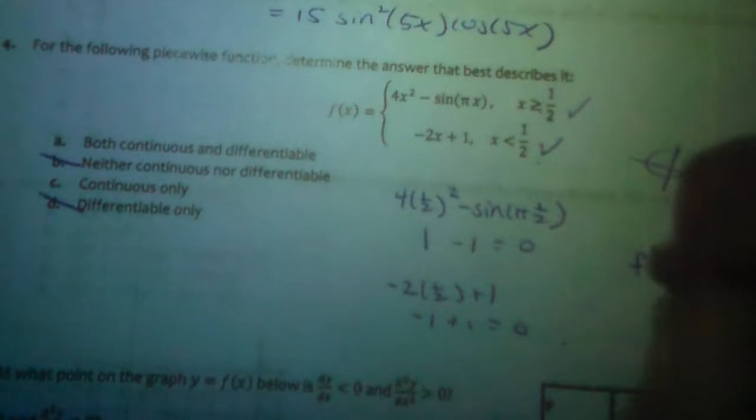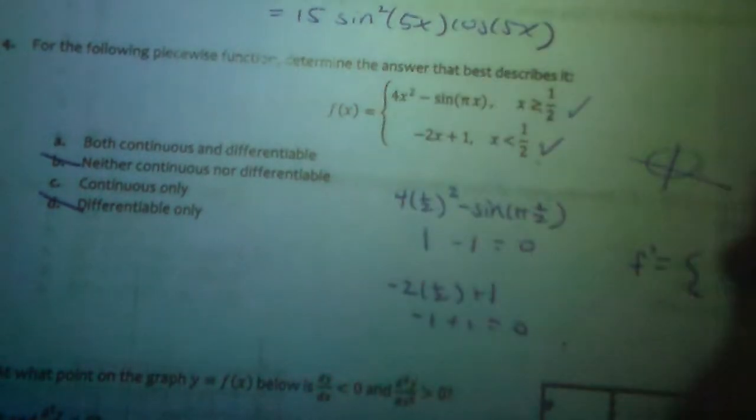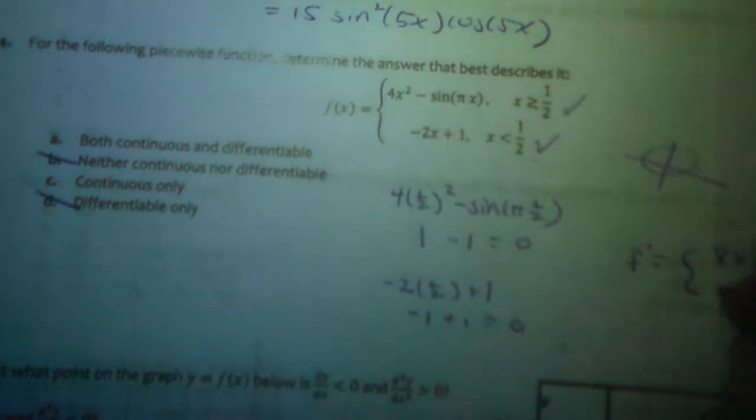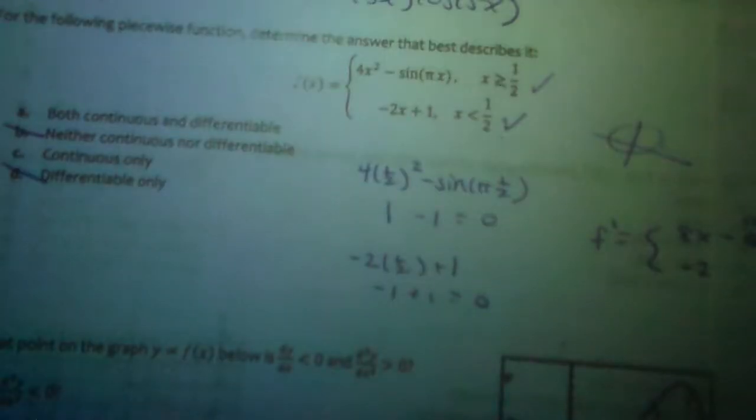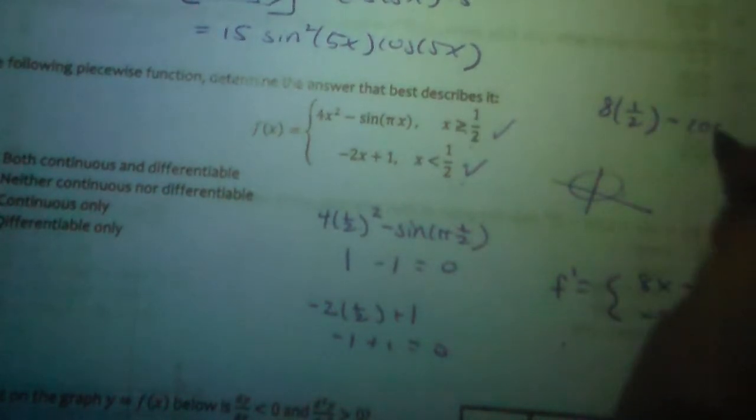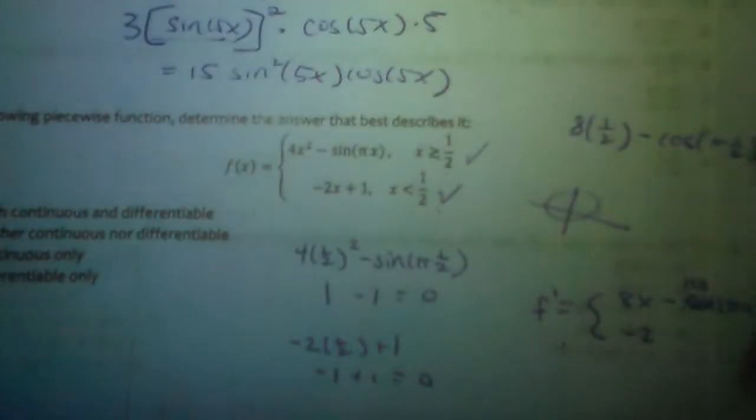And then now I need to check differentiability. So differentiability is the derivative. That would be 8x minus sine of pi x, minus cosine of pi x times pi. And then this would be -2. Now we plug in at 1/2, so this is 8 times 1/2 minus cosine of pi times 1/2 times pi.